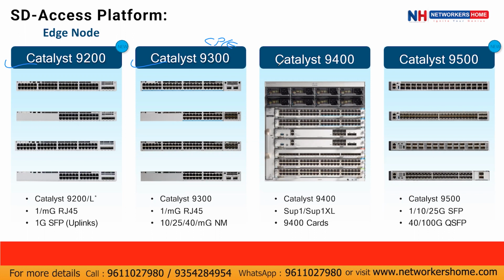So don't get confused. Each device is built with that capability. If you see 9300, you saw it in control plane node as well, right? 9500, you saw it in control plane as well. 9400, you saw it in control plane. So all those devices support the edge node functionality as well.